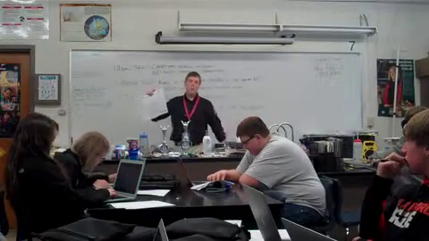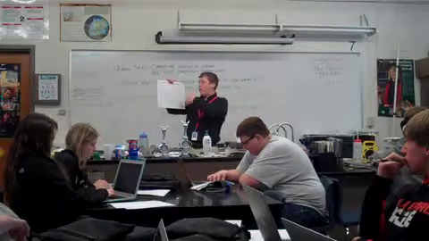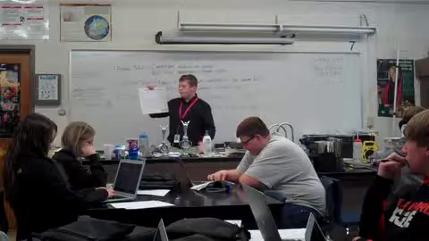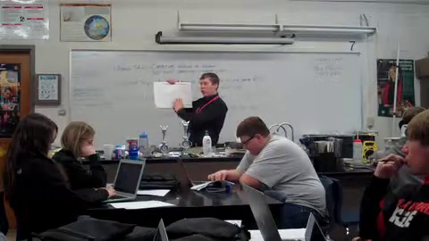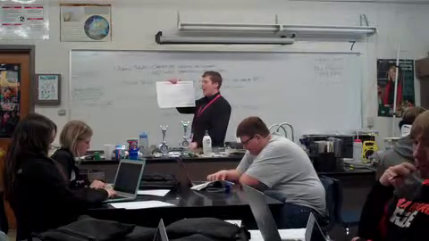It should be a number. If it's just a plain number, that means it's a positive charge. But if you see a negative sign behind it, it's obviously a negative charge. Or sometimes you may see a plus or minus. General rule of thumb is to go by the charges that we did for each respective column. And for the ones in the middle that we didn't assign an actual charge to, you'll have to take a look at the element and then make a decision based on your negative ion.